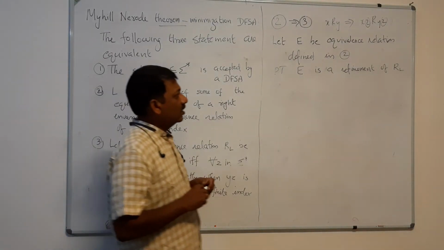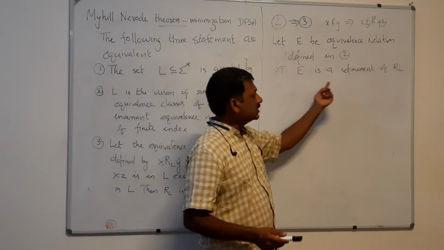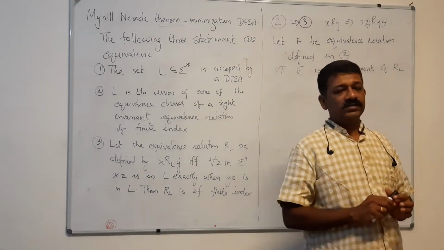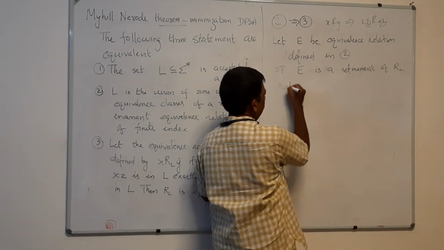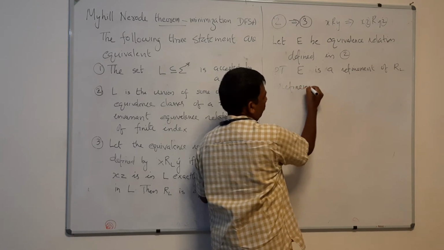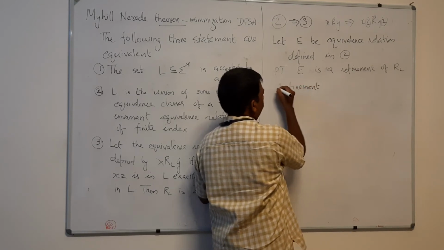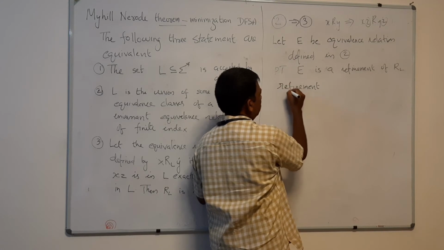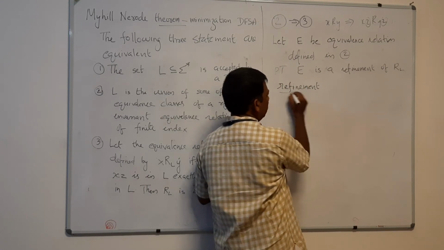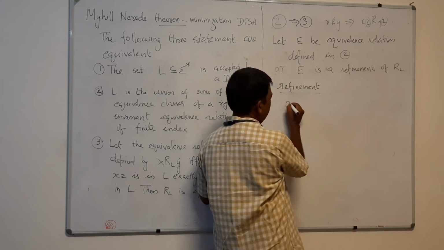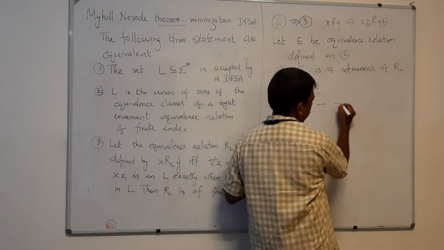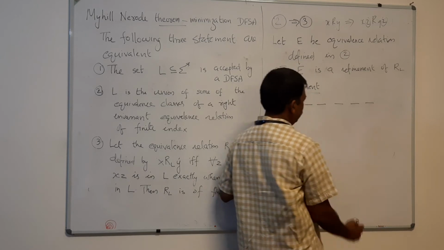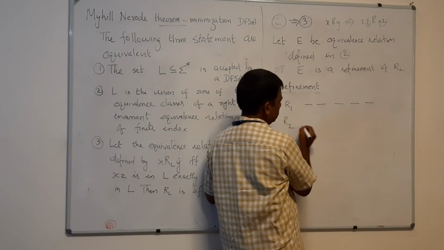Now, what do you mean by proving that E is a refinement of RL? What do you mean by a refinement? Refinement means, suppose that you have a relation, say R1, and R2.